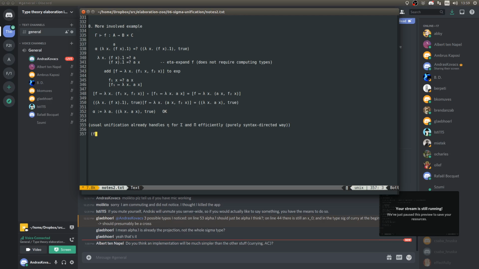So I should also mention it. The flipping is not a kind of a directed iso. So there is no canonical direction to use flipping. So that's why the previous solution was not able to do unification modulo flipping.